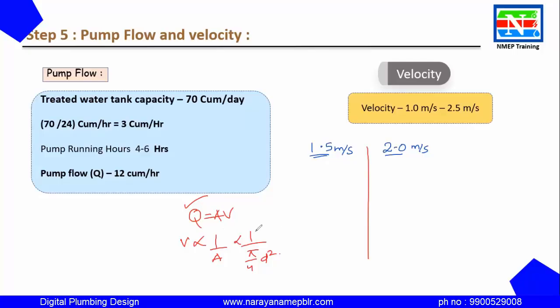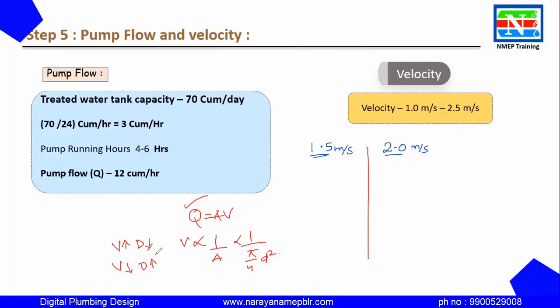So if I increase the velocity, what happens? My diameter will decrease, right? If I decrease the velocity, my diameter will increase. Clear?